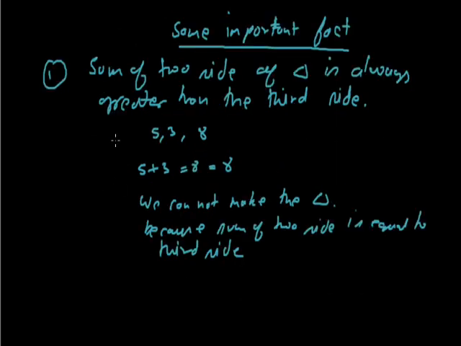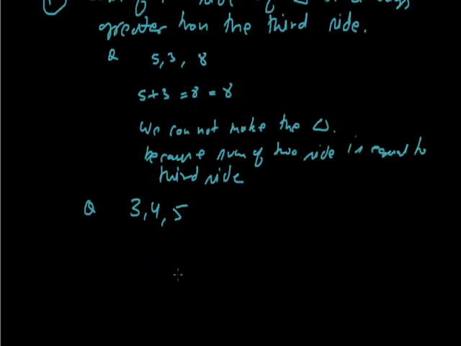Now let's say another example. If we have sides, let's say 3, 4 and 5, can we make a triangle? Let's check. We take the first two sides, 3 plus 4, that is 7, which is greater than 5. Correct. Now let's say we take 4 and 5, that is 9, which is greater than 3. Now let's check 3 and 5, that is 8, which is greater than 4.